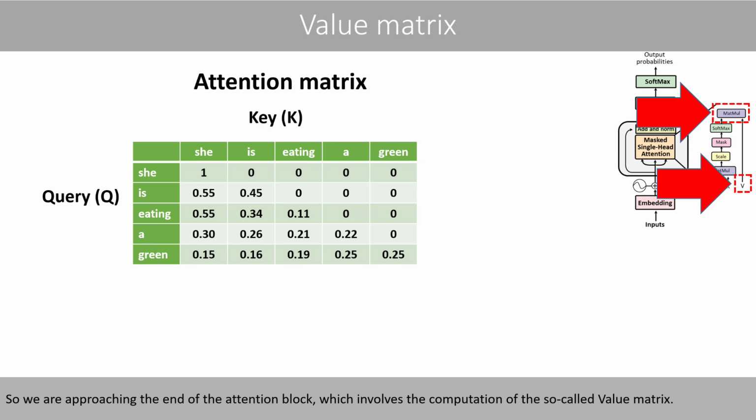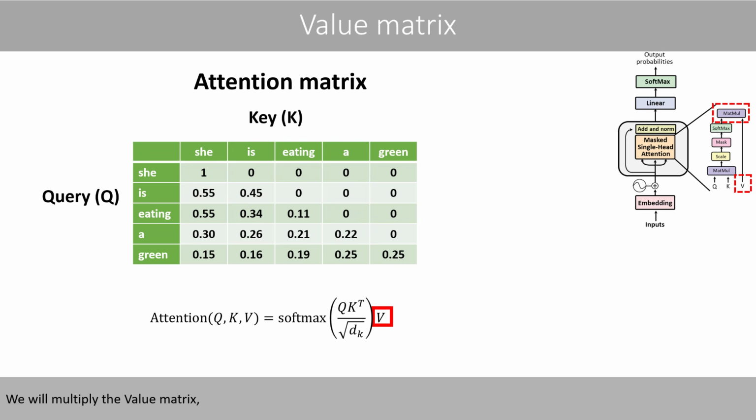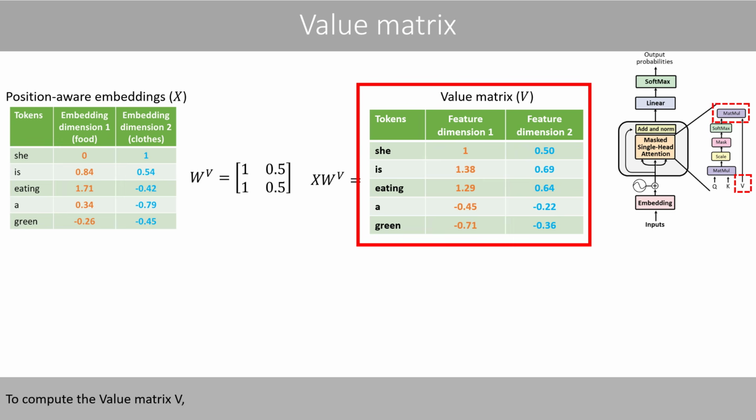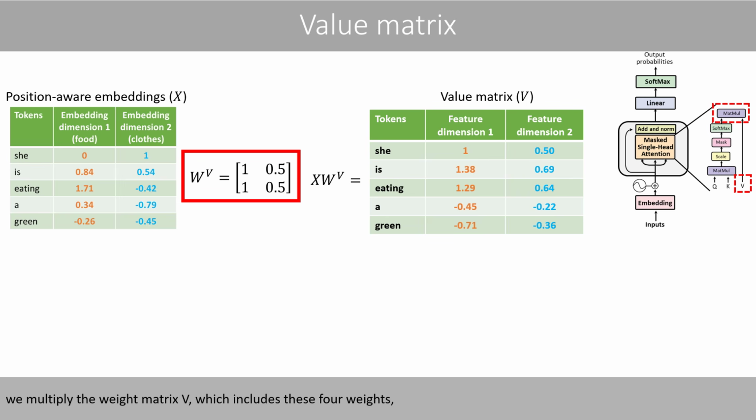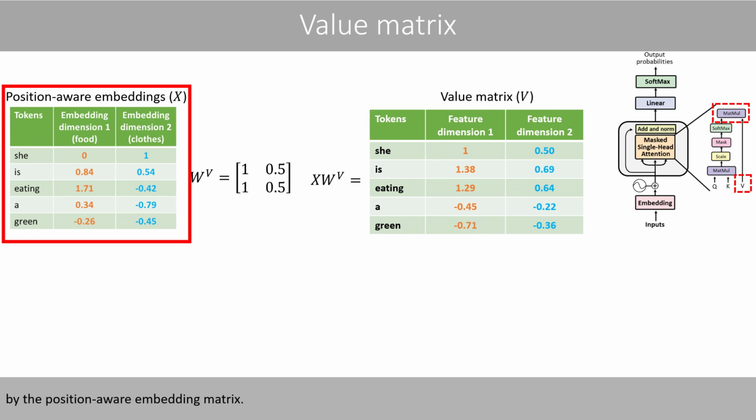So, we are approaching the end of the attention block, which involves the computation of the so-called value matrix. We will multiply the value matrix by the attention matrix. To compute the value matrix V, we multiply the weight matrix V, which includes these 4 weights, by the position-aware embedding matrix.